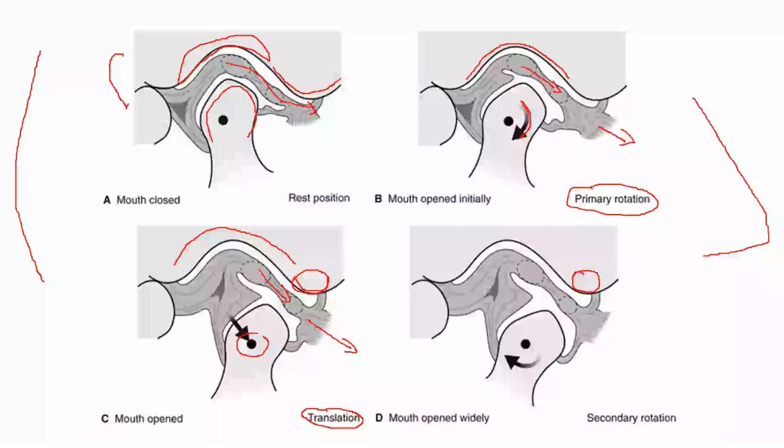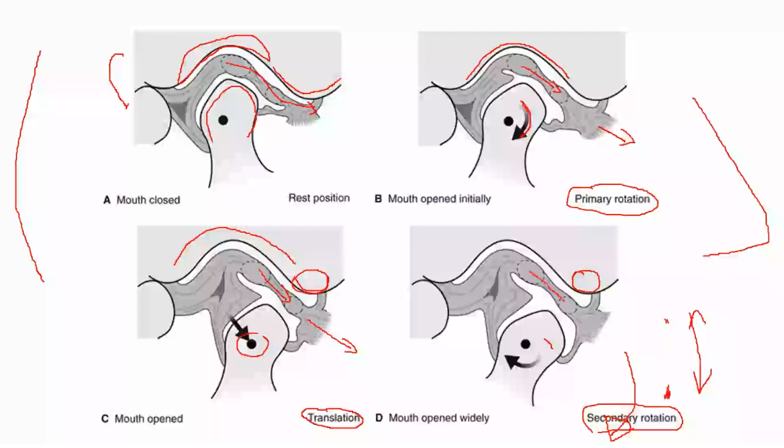Now we have further rotation, a secondary rotation, where the mandible is swinging open. If we imagine the teeth here and here, we are getting a much bigger gap between the maxillary and the mandibular teeth.